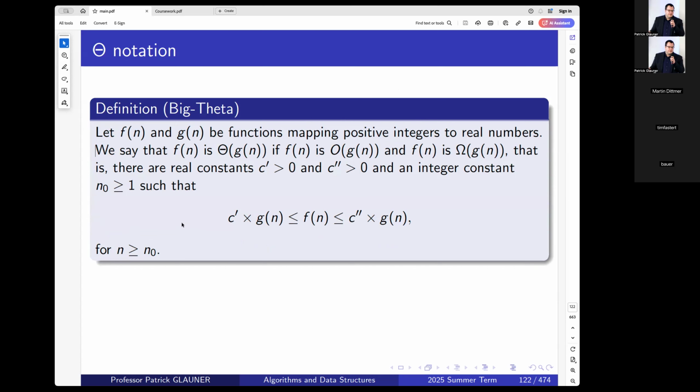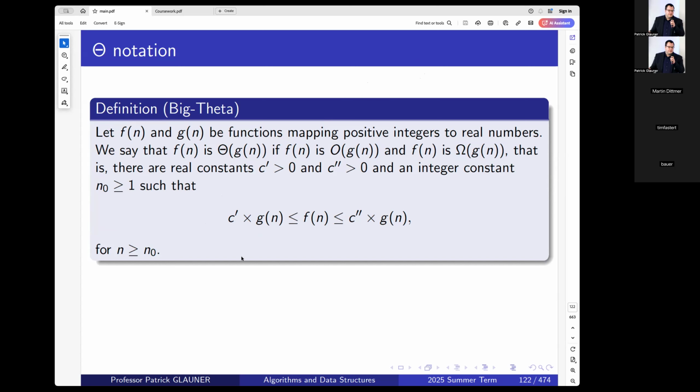Nothing new. And we can say that our f of n is big theta of g of n if f of n is O of g of n and f of n is omega of g of n. So f of n is both now.